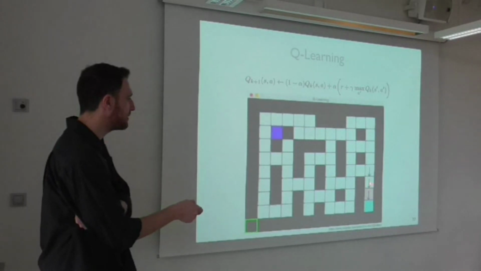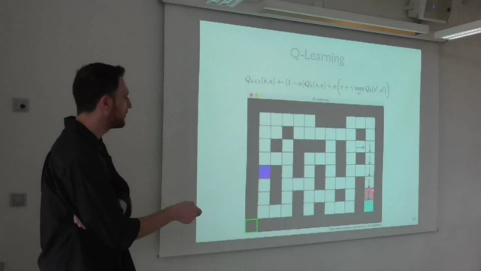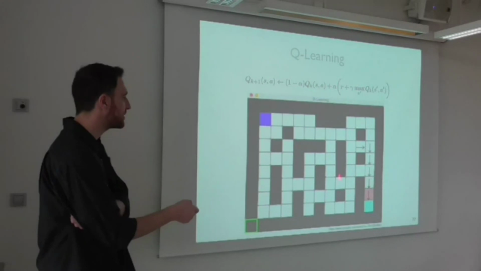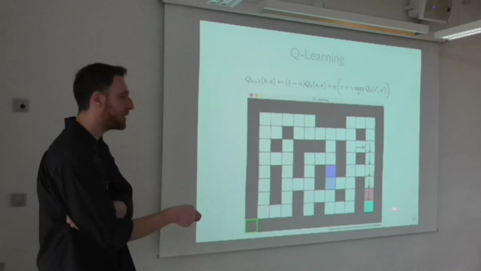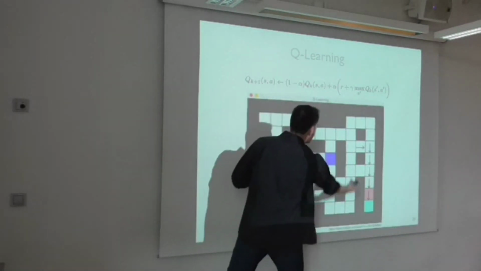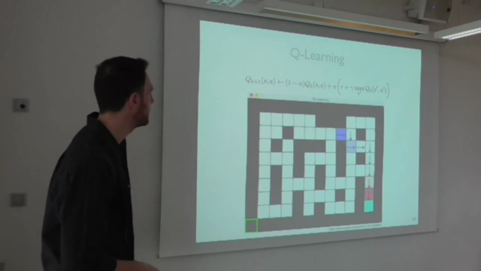And then it's going to see, well, if I go down, I'm going to get a punishment, but I'm going to get to this state where I can get a large Q. So it sort of bootstraps faster as you start learning. Like the first time that you find the source of reward, then you can sort of propagate back that information to the Q values of the previous states.